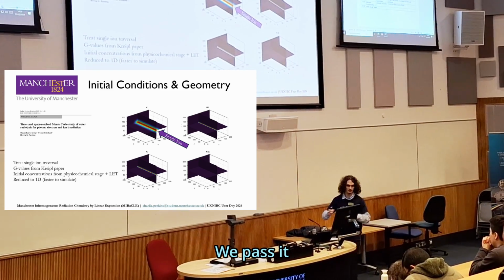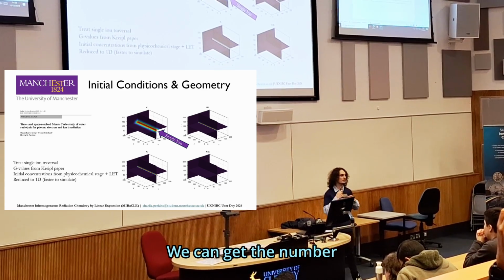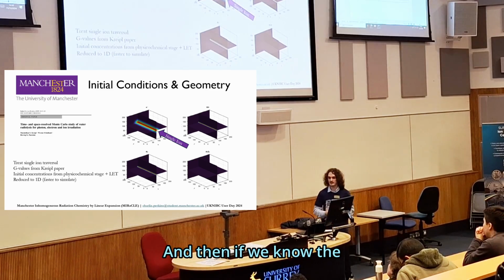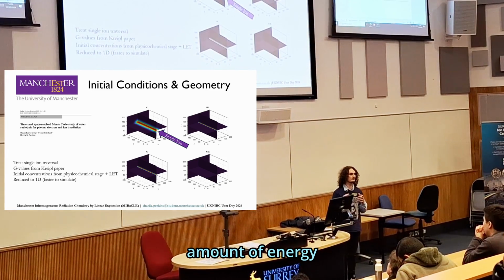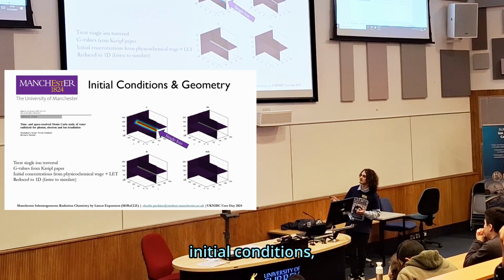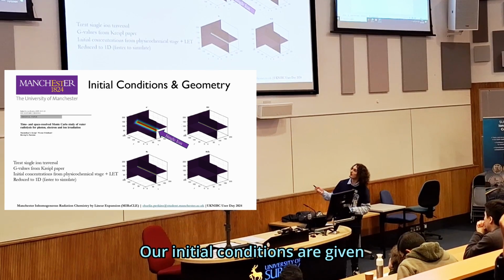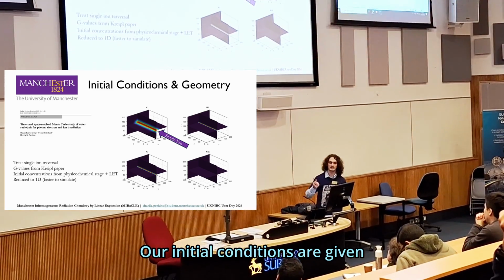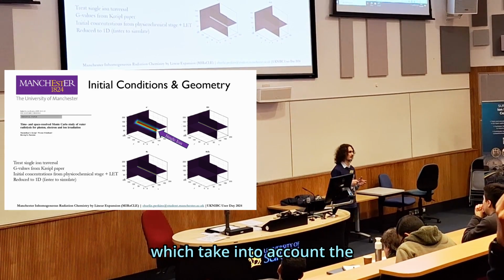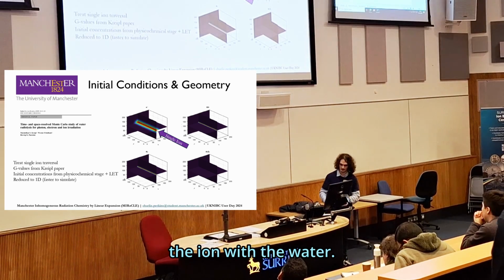So we take the single ion, we pass it through water, we can get the number of reactive species produced from this paper here, and then if we know the amount of energy transferred to the water, we know our initial conditions, this set of reactive species. Our initial conditions are given by sums of normal distributions, which take into account the kinetics that happen in the physical stage of the interaction of the ion with the water.